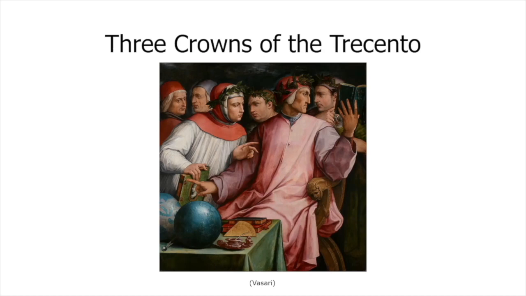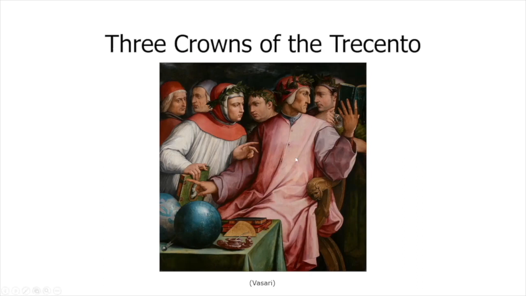But on your screen now is a portrait of famous Italian poets from the Trecento, which is the 14th century, the 1300s. It's very confusing, but in Italian they would call that the Trecento. Here you have 6 poets, but the most important ones for our purposes are the ones in the middle.